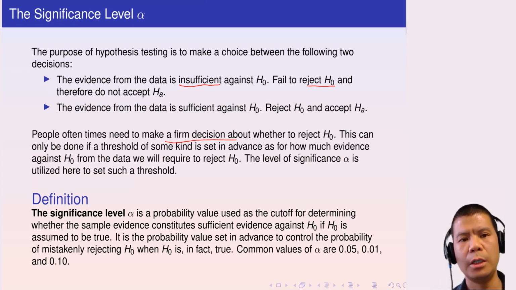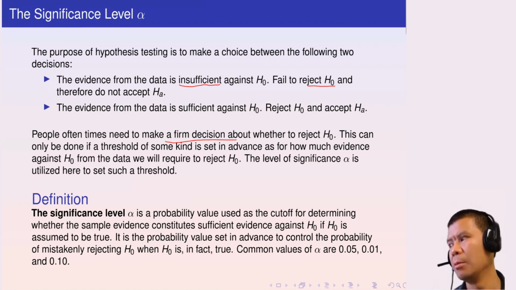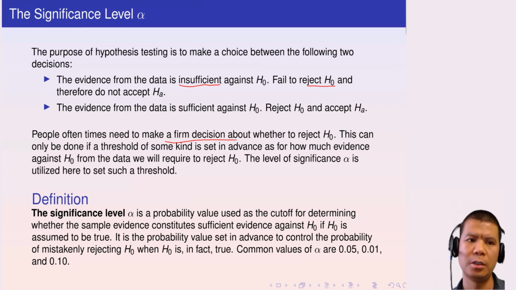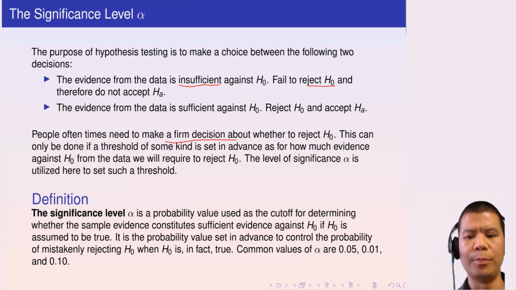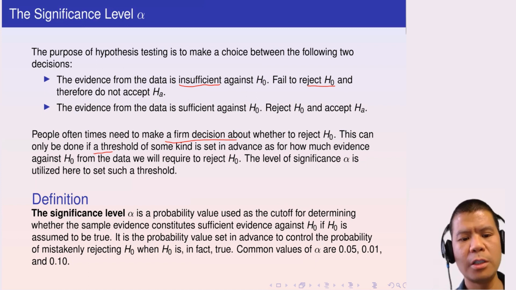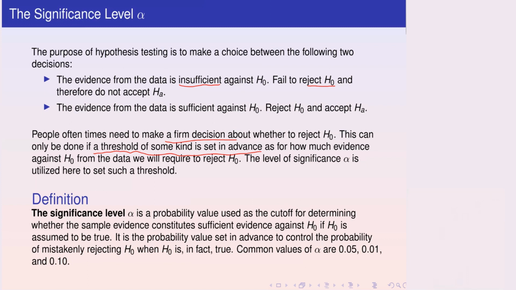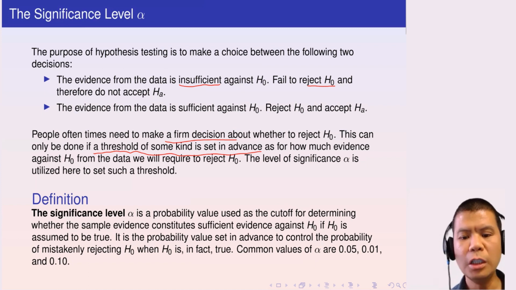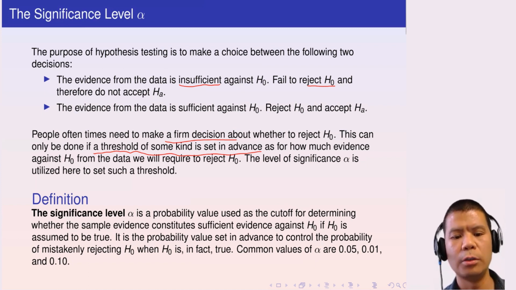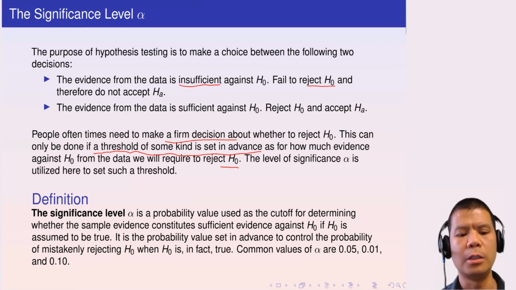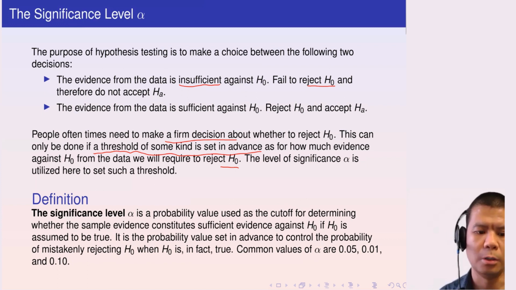Okay, now to prevent subjective judgment, we usually first set a threshold of some kind in advance, as for how much evidence against H0 is needed to reject H0. This level of significance is utilized here to set such a threshold.